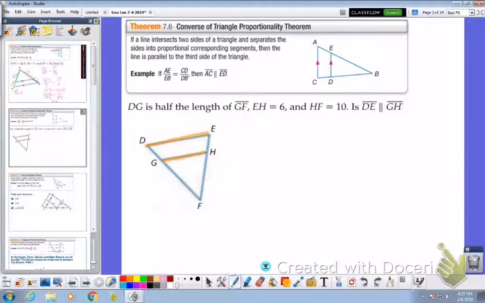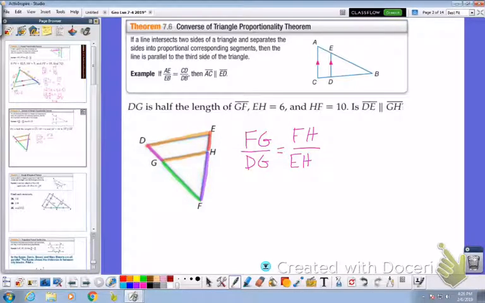So therefore, we need to look at the proportion of FG to DG, is that equal to FH to EH.